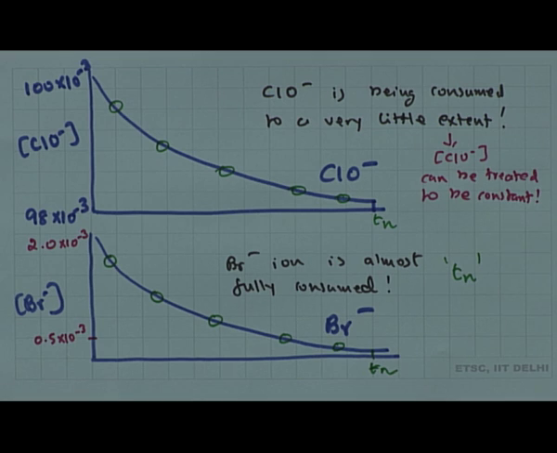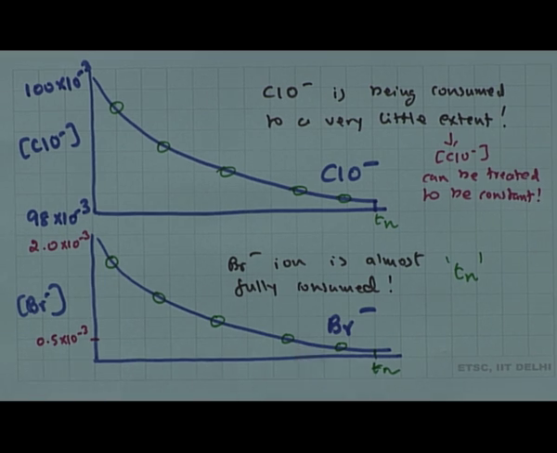That is, when I have one reactant which is many times in excess, in this case 50-fold excess than the other reactant, so hypochlorite is 50 times in excess than bromide, then the bromide is almost fully consumed, but the hypochlorite is consumed to very little extent.